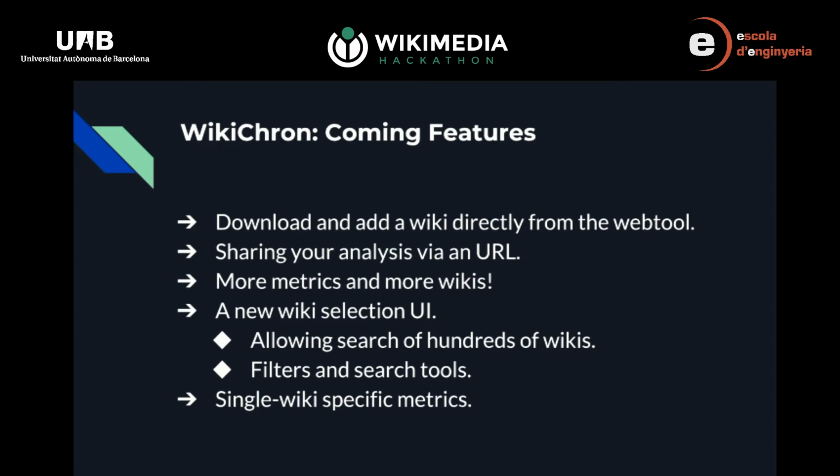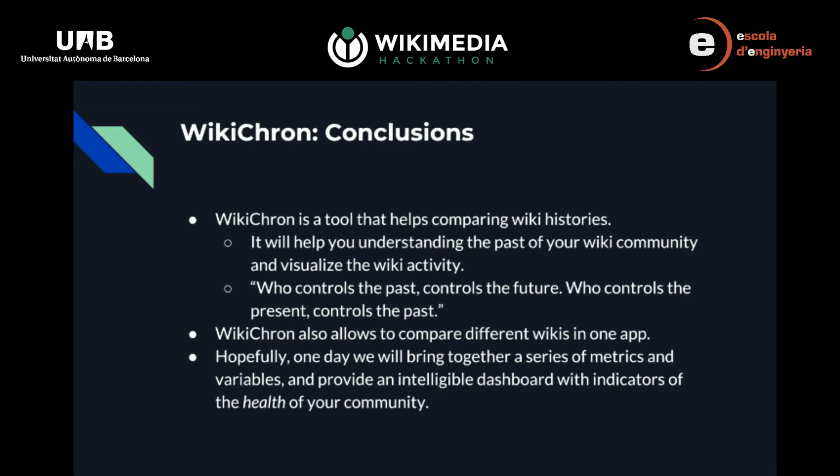And finally, we want to add some metrics about single wikis, like when you want to analyze only one wiki, the evolution of one wiki. So the conclusion is that WikiChron can help to visualize the evolution of the wikis, but it doesn't provide you an answer of what that data means, because data doesn't explain itself, right?